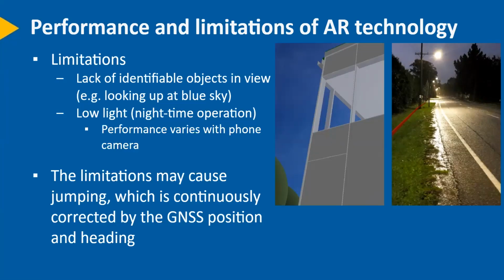These kinds of limitations, with a lack of identifiable objects and low light, can cause the view of the overlaid data to jump around.